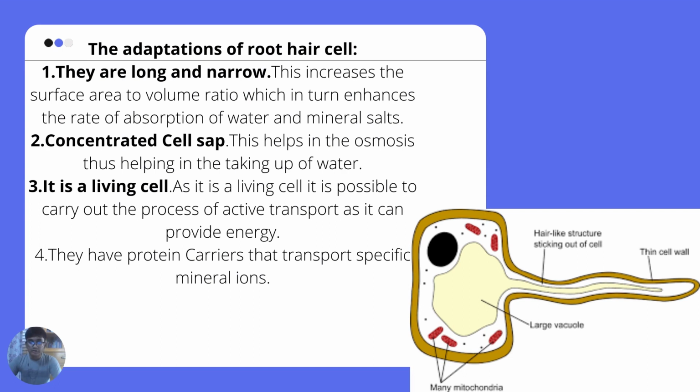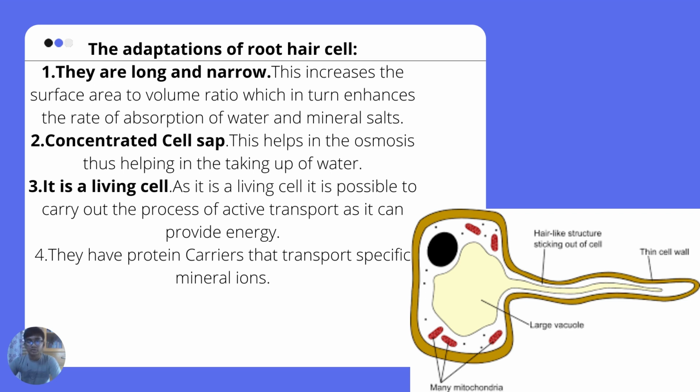Moving on, let us talk about the adaptations of the root hair cell. It's basic knowledge that as the root hairs have some special functions like taking up of water and nutrients like mineral salts, they must have some special features or structural advantages that adapt them to do these processes or functions.